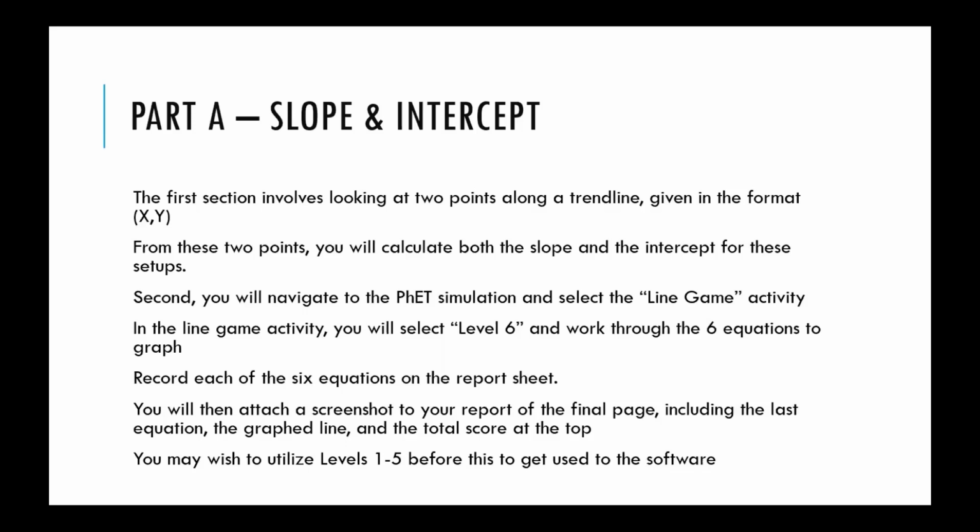You will work through level 6 of the activity, and at the very end, take a screenshot of your final screen, attaching that to the report. Please make sure to include the score at the top in your screenshot, as that will be a portion of your final report grade.